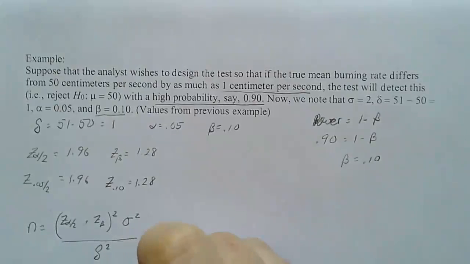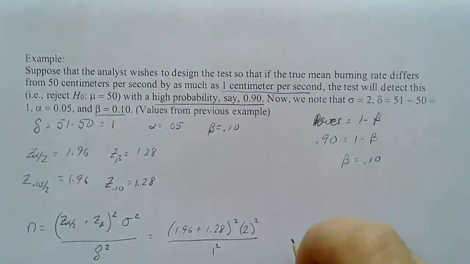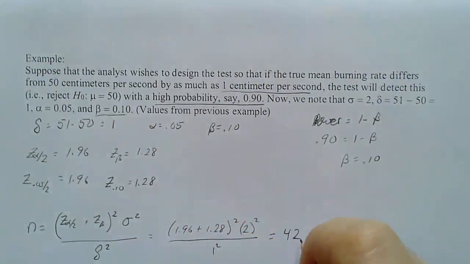And so that is equal to 1.96 plus 1.28 squared multiplied by the standard deviation, 2 squared, divided by the difference between those means, 1 squared, and that is equal to a sample size of 42.